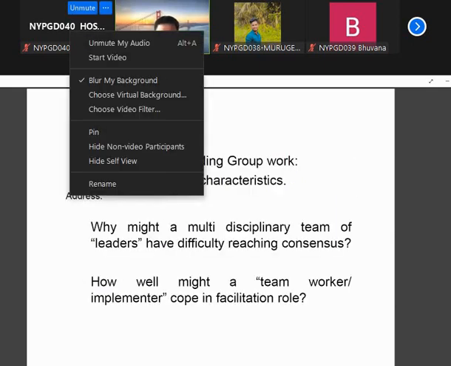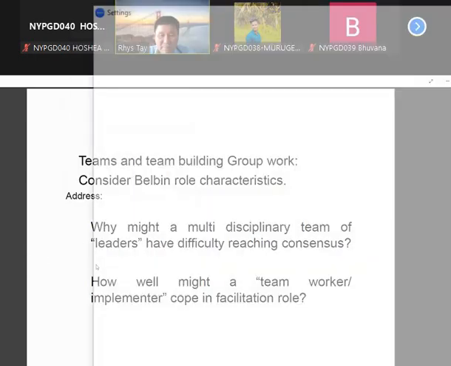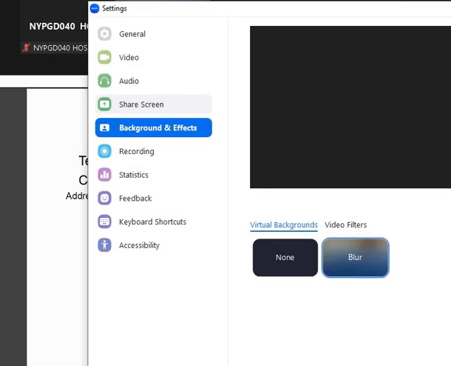So, team building. Address why a multidisciplinary team of leaders might have difficulty reaching consensus. How well might a team worker or implementer cope with the facilitation role?